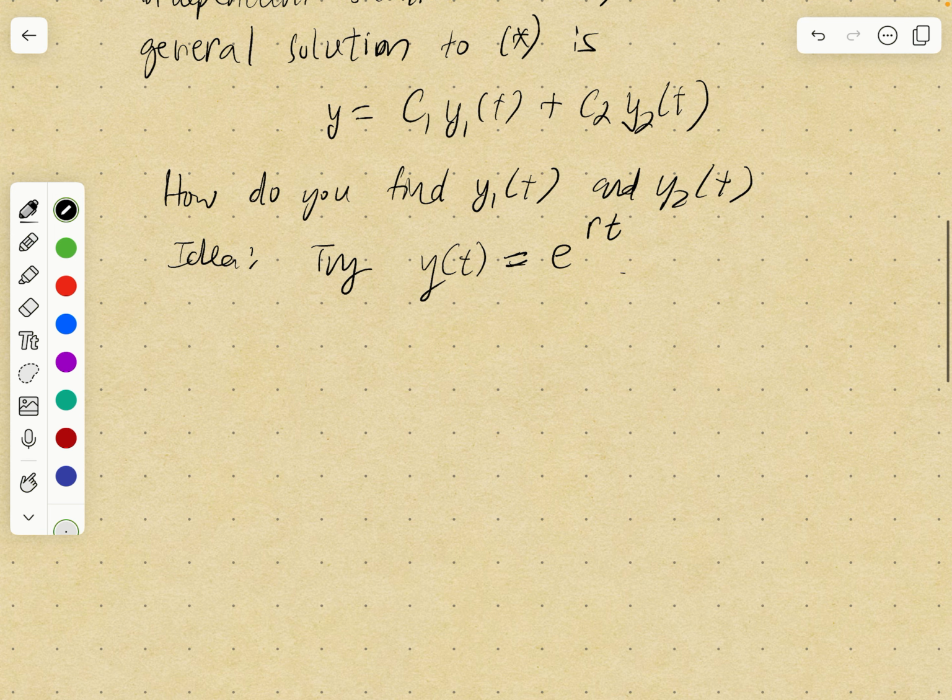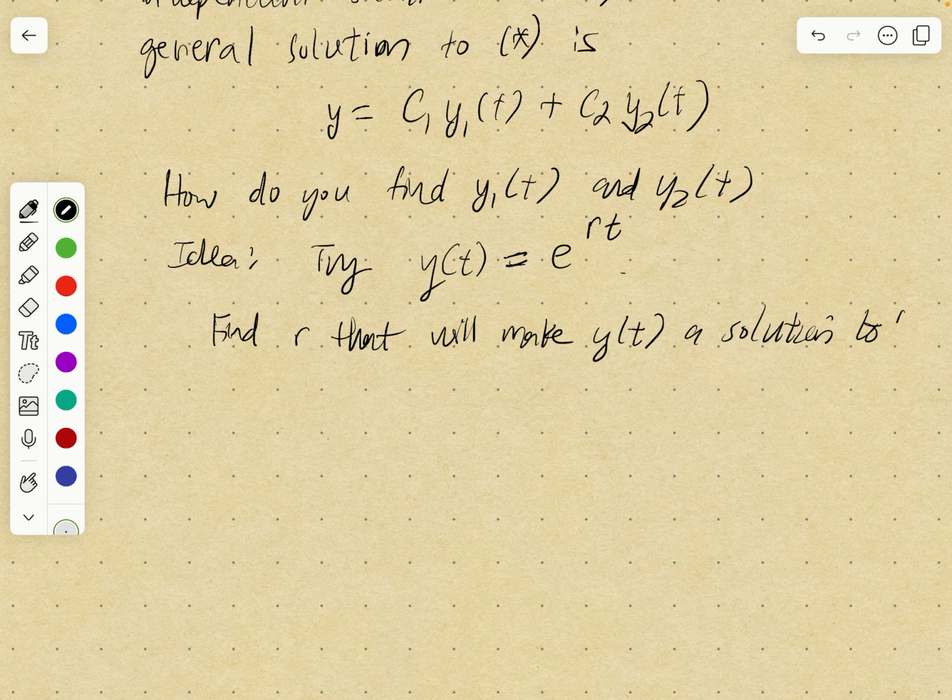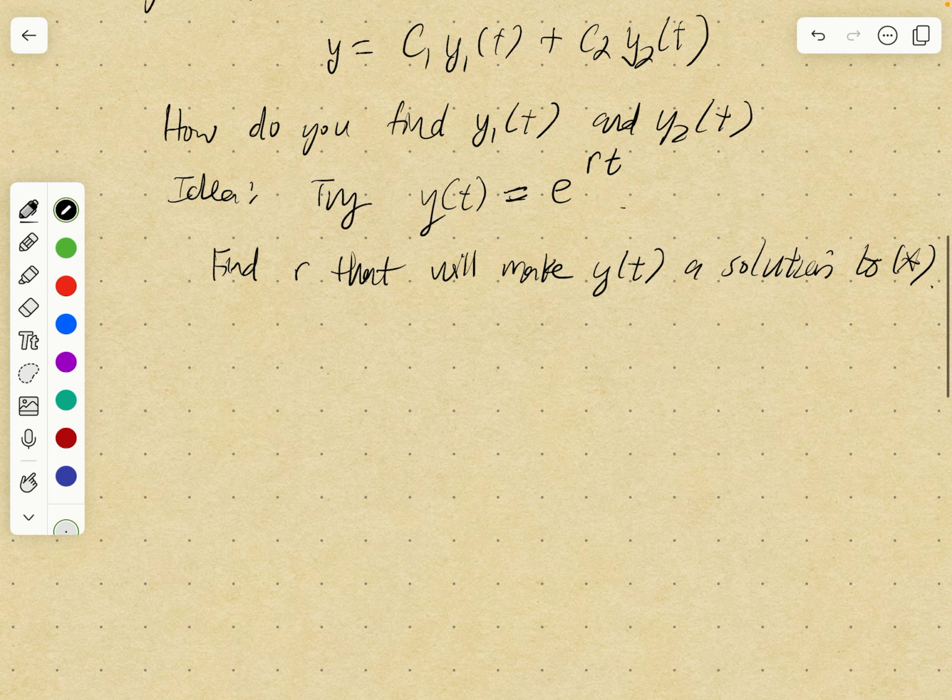So what happens if you try that? You're trying to figure out what r will make y of t a solution to the differential equation. Well, we need to find y prime and y double prime and then plug them in.